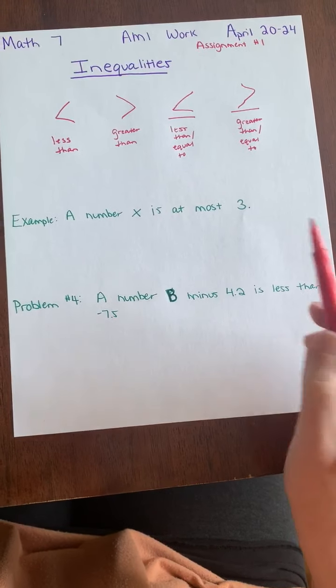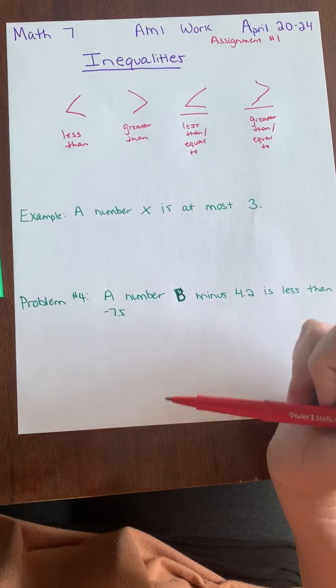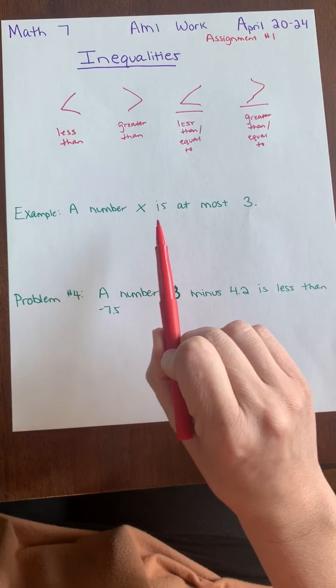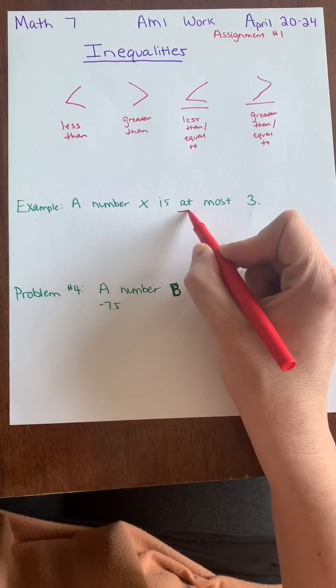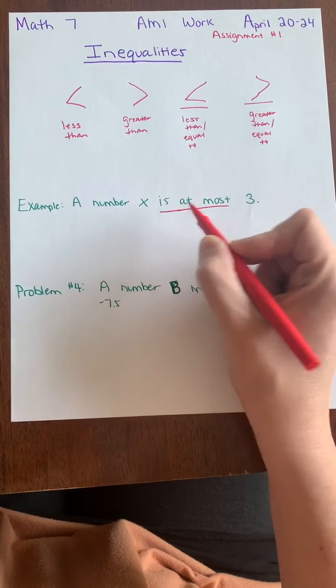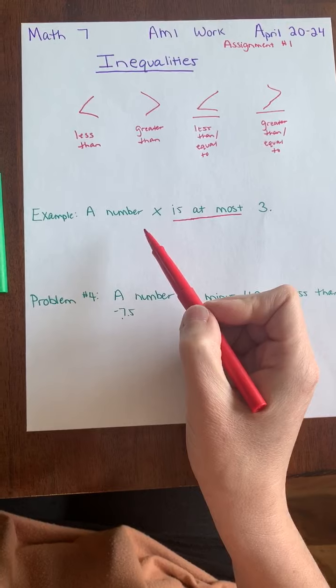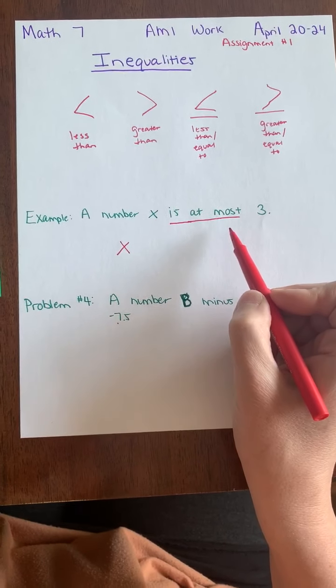And the key is to look at the word problem to decide which of these 4 signs you're going to need. So for example, if we looked at this number sentence, a number x is at most 3, okay? This right here is going to tell us which inequality sign to use. So we're going to start with the first part, the number x is at most.